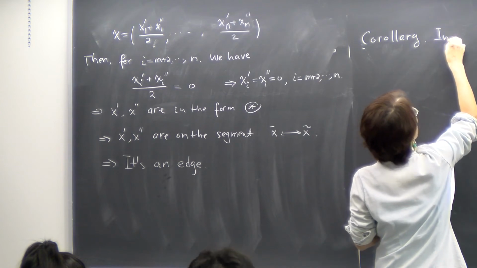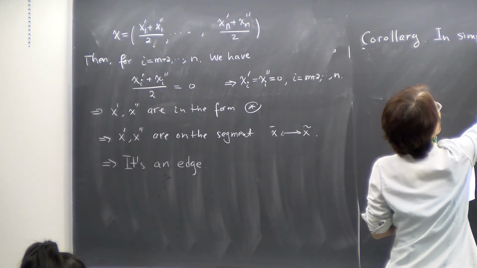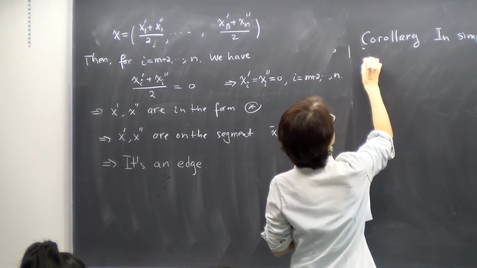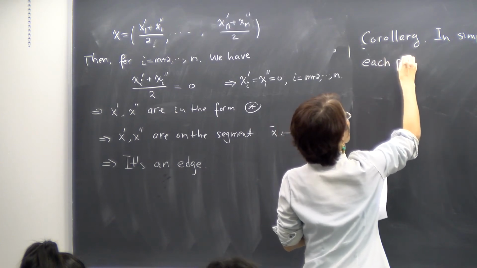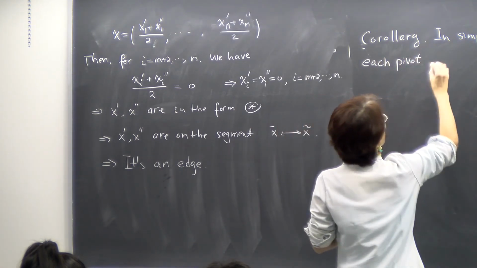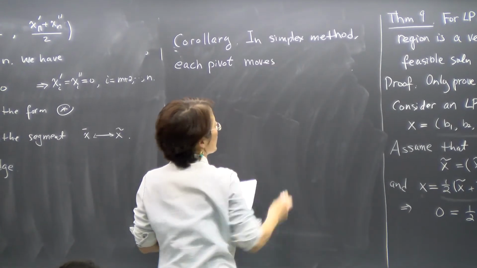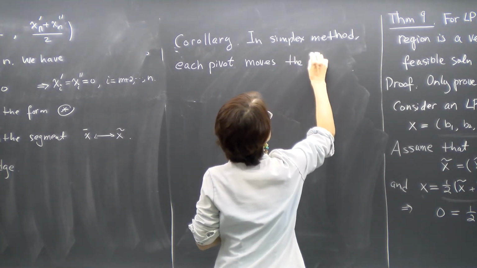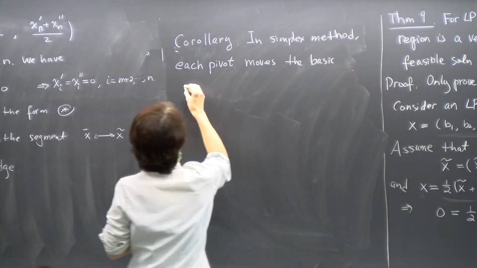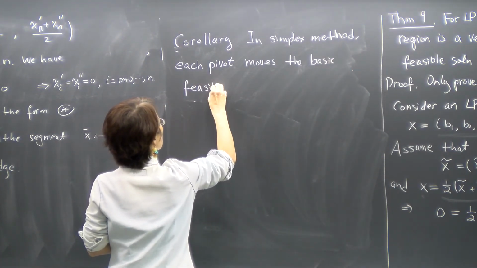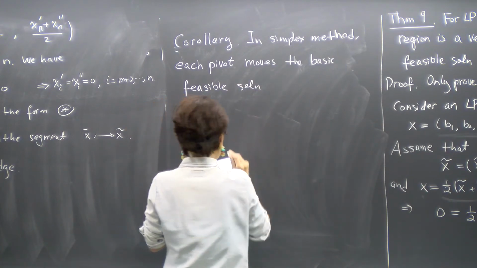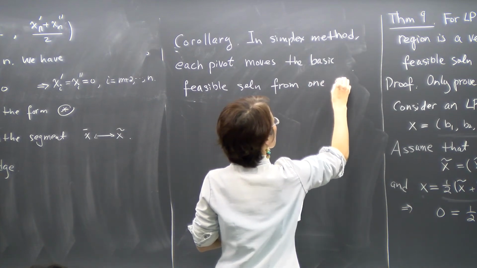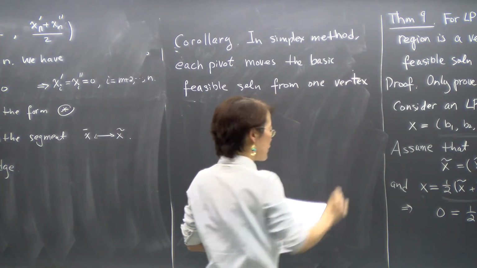Okay, so let's formulate what I just said. In the simplex method, the one we have been using, I talk about each pivot. What do you do at a pivot step? What it does is it just moves from one feasible solution to another. So it moves the basic feasible solution from one vertex, we know they are vertices, right?